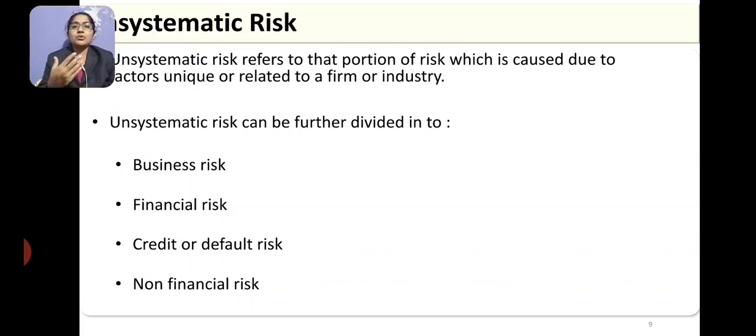Today the entire music industry has changed. People have gone for online music, isn't it? So all those tape recorders, CDs, gramophones, everything is gone. So it is a non-financial risk because of changes in the situation, or sometimes changes in policy also pose a risk on the specific businesses or firms. Then that is called unsystematic risk.